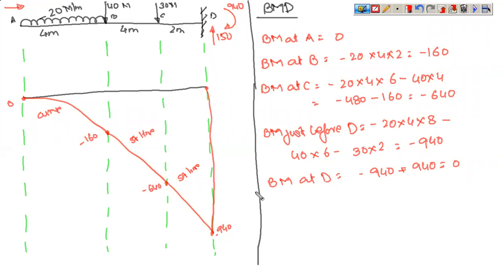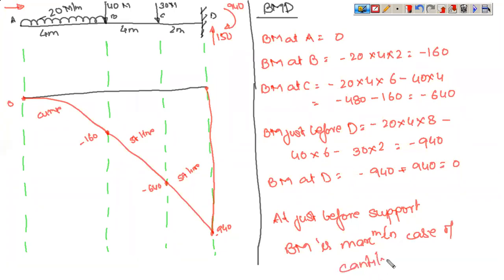You can also remember that just before the support, bending moment is maximum in case of cantilevers.